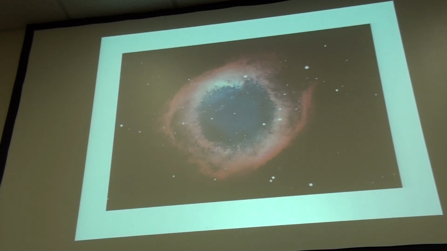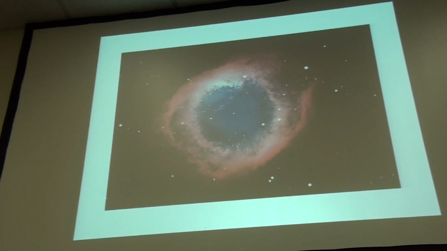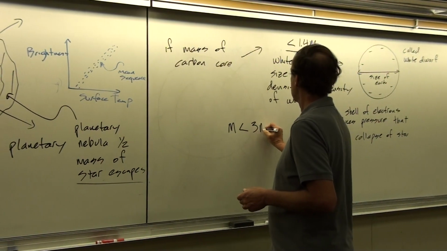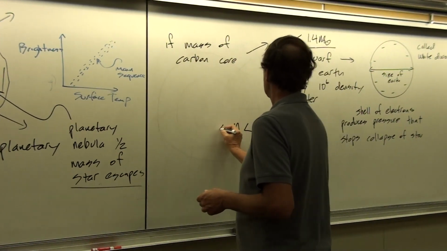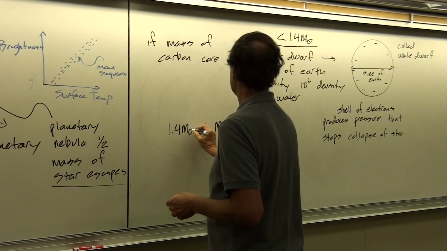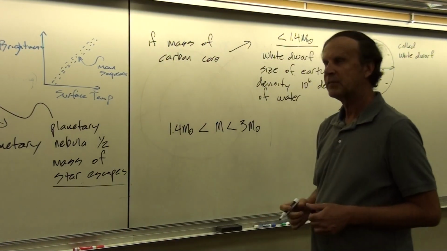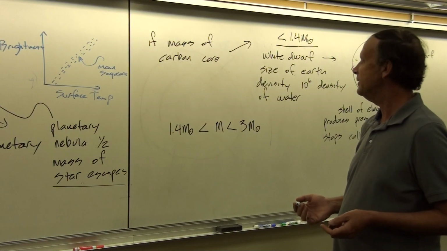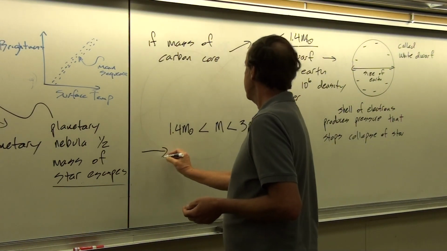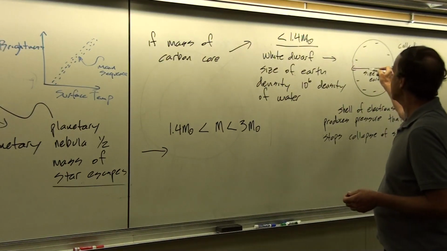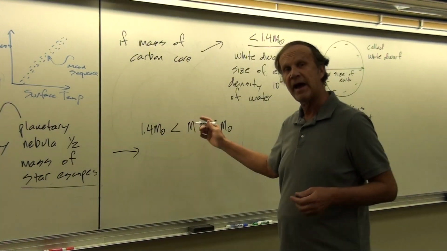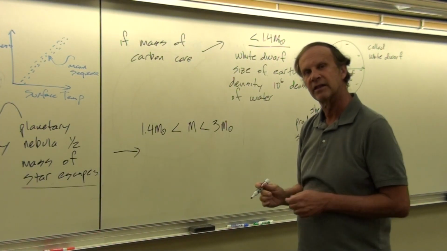However, if the mass of the carbon core is less than 3 solar masses and greater than 1.4 solar masses, then a new kind of process can occur in which the electron shell pressure that we talked about for the white dwarf is overcome. So there's enough gravity basically to crush the electron shell.